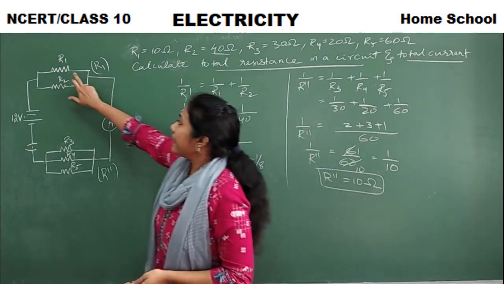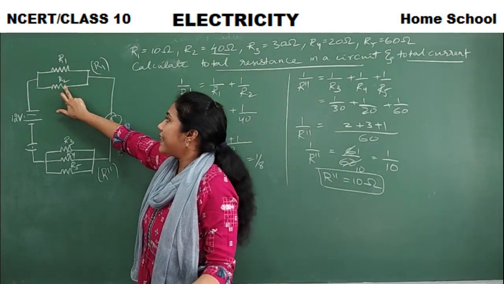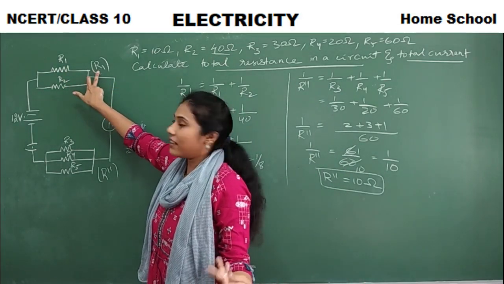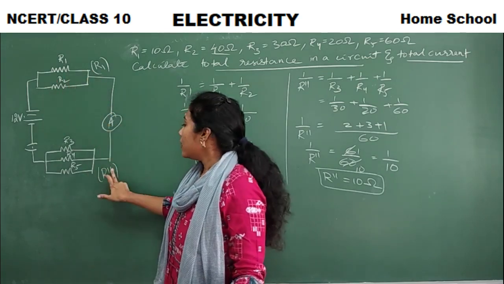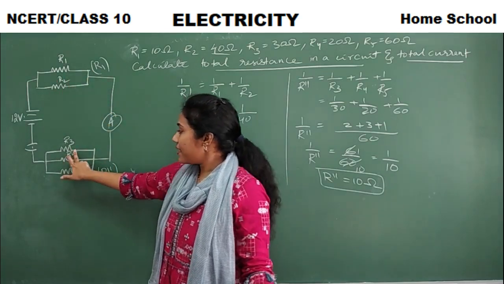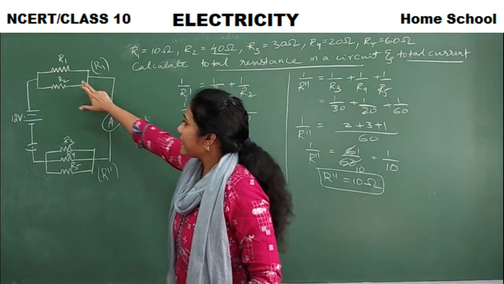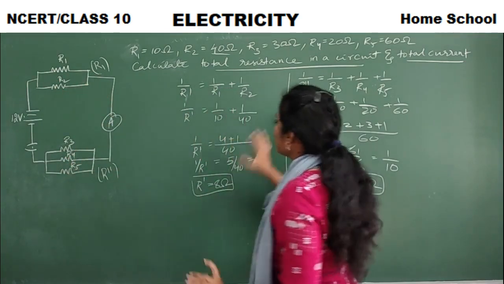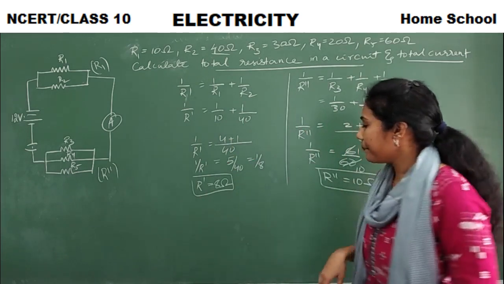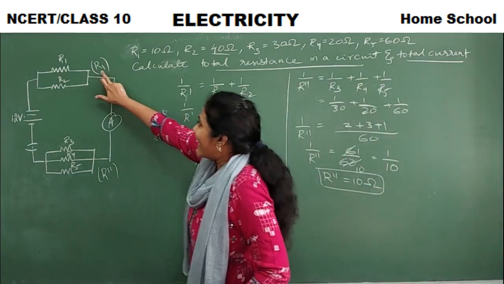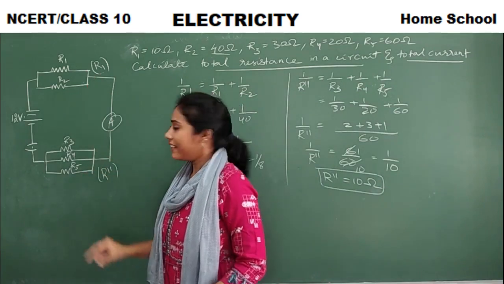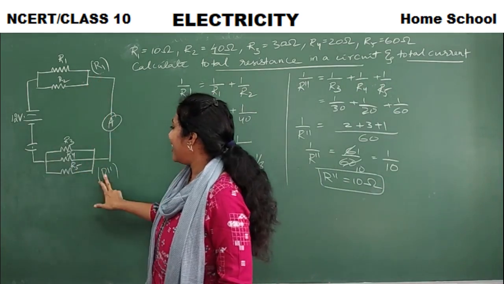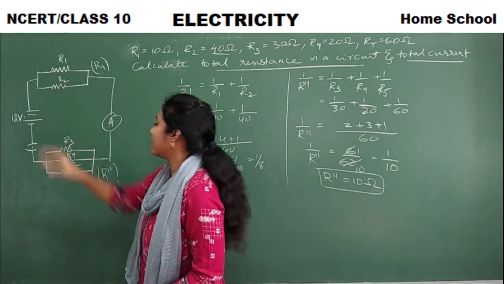So we calculated these 2 combinations. Since these two are in parallel, we considered R dash as the total resistance of this combination, and the total resistance of this combination is R double dash. We finished calculating, and now R dash and R double dash are in series, right? R dash and R double dash are coming in one path.